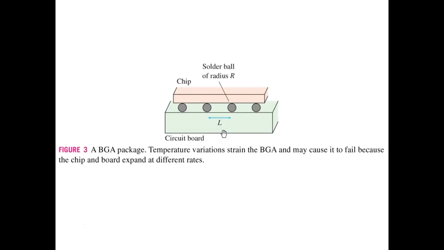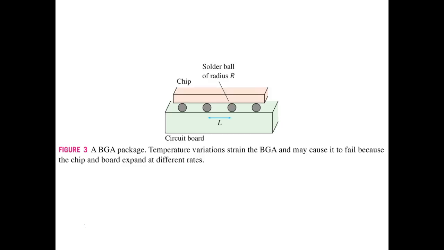What we have here: a ball grid array, a BGA, is a microchip joined to a circuit board by small solder balls of radius capital R. That's why they say that these solder balls here are radius R. Every one of these has a radius R. And those are R millimeters, separated by distances of L millimeters.